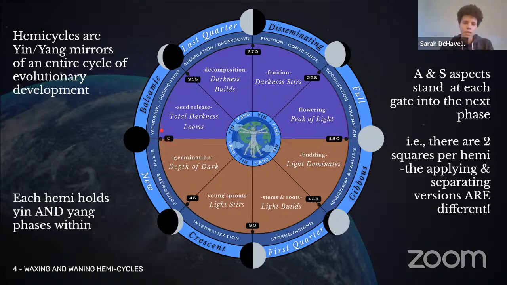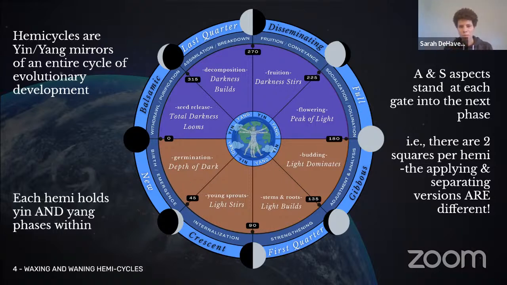As a cycle is ending, moving from balsamic toward the new phase, there is this applying that's happening, this approach that's happening. And so each of these gates, which I'll talk a little bit more about later, are very tense points in a chart. They're like gates of initiation, almost like little new phases themselves. And then throughout the whole phase it's almost like a mini circle happening within circles.